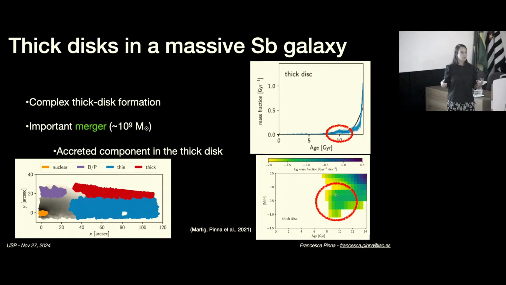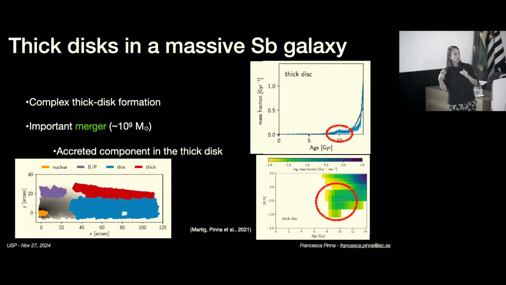The way to explain the fact that at the same cosmic time we can form stars that are more metal rich on the one side and more metal poor on the other side is that the metal poor component was formed in a lower mass galaxy, which was later accreted. So we found this pattern also in this galaxy, which is an SB galaxy, which is very massive. So now when we found this, the question was, okay, but do we find this for all galaxies?